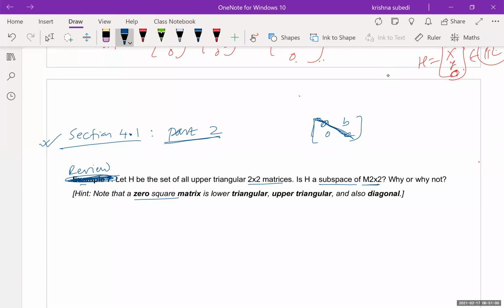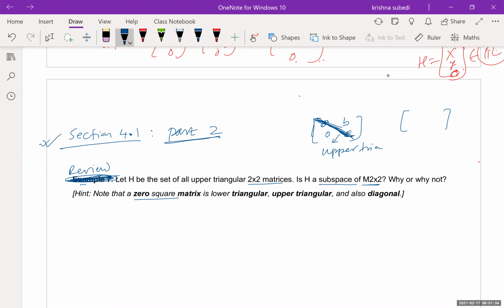Look at the main diagonal, and if all the elements below the main diagonal are 0, we call it upper triangular. We don't care what is on the diagonal or above the diagonal. We just look at the numbers below the main diagonal. If they are 0, we call it upper triangular.